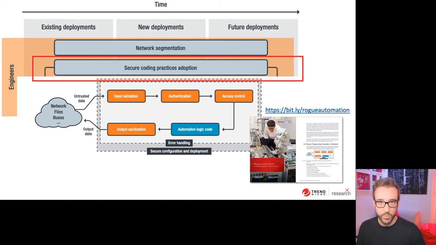So we use different languages, we use different examples, and we walk the reader through what I think are the basics, the most important and fundamental aspects of secure programming, which means input validation, authentication of the input, access control on the requested resources. Only then you can run the actual automation logic. And then you have to apply output sanitization.